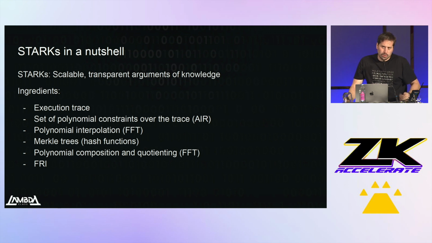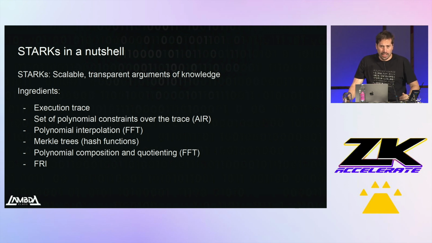Okay? Then, to commit to those polynomials, we'll have to build Merkle trees from the evaluations of that polynomial over a larger domain. And again, there we will use the FFT to build the evaluations, and then Merkle trees, for which we need hash functions. And once we have these polynomials, in order to prove that the constraints are satisfied, what we need to do is, first, compose the trace polynomials with the constraints, so as to enforce the constraints over the trace, and then divide the constraints by the vanishing polynomial over which those constraints are satisfied.